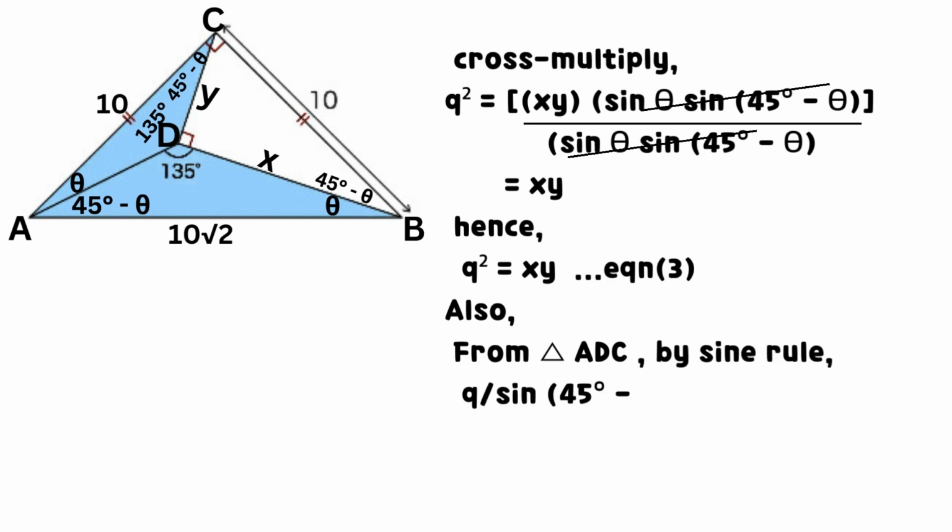Also, from triangle ADC, by sine rule, q divided by sine of 45 degrees minus theta equals 10 divided by sine 135 degrees. We call it equation 5.